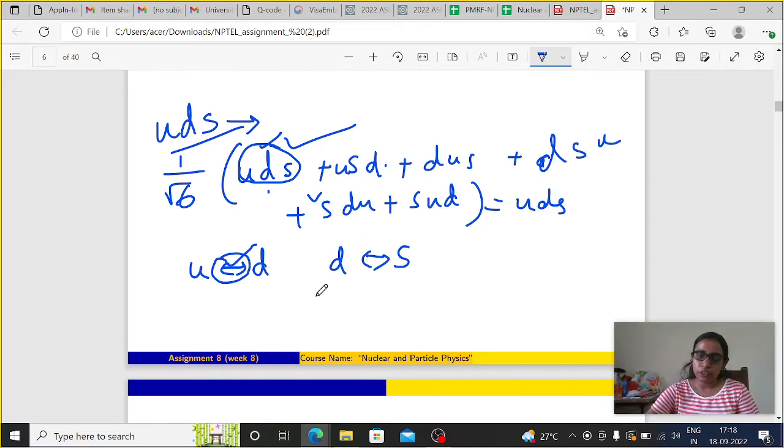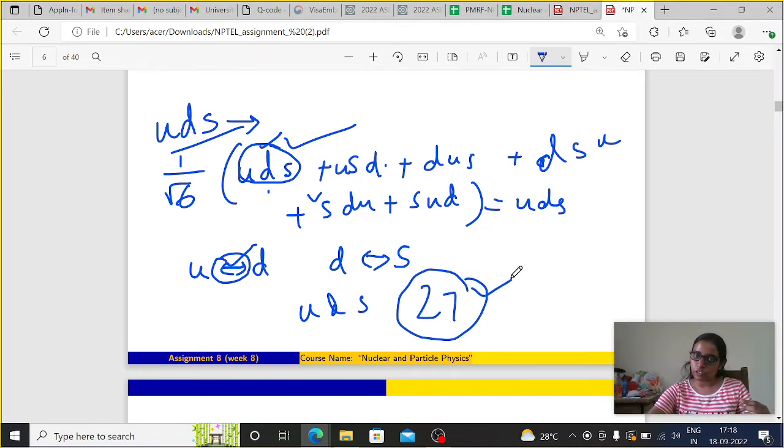You have UDS. In the previous class I was talking about 27 configurations, but among those 27 configurations, how many particles will be in the decuplet state, how many in the octet state, how many in the second octet state, and how many in the singlet state.